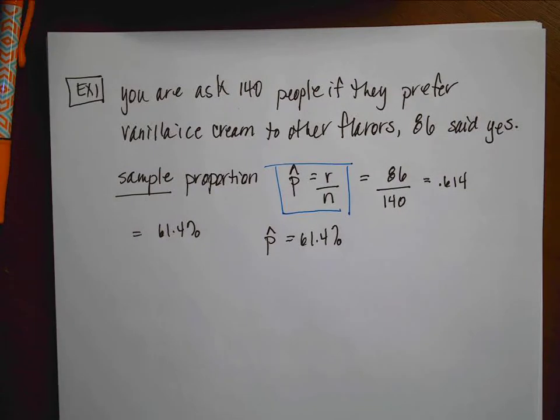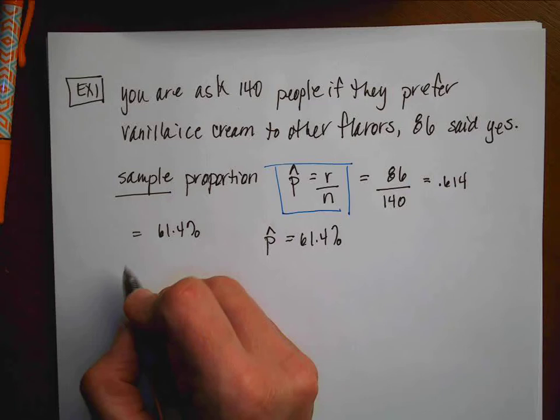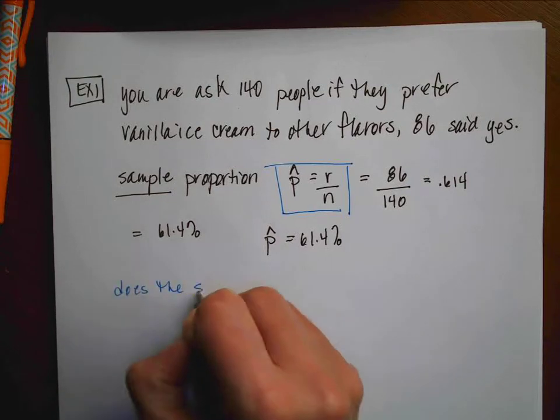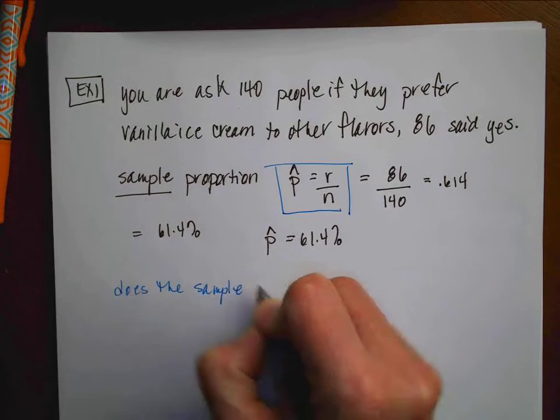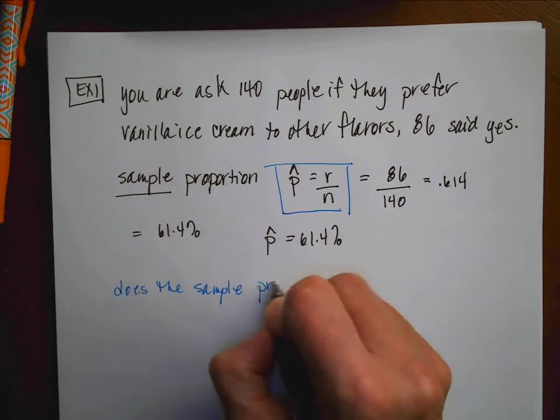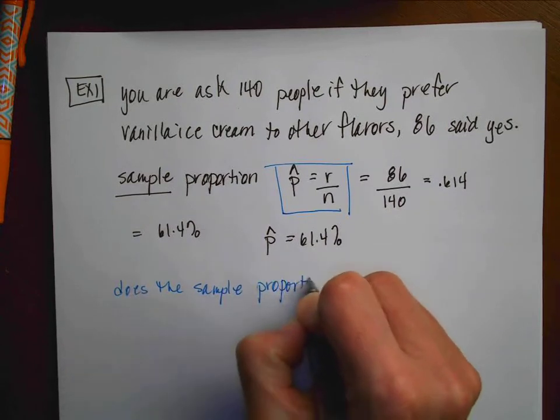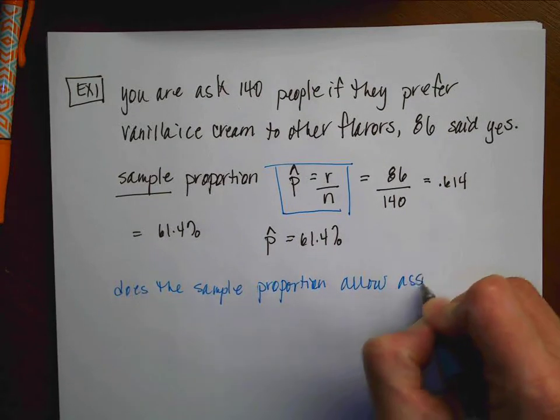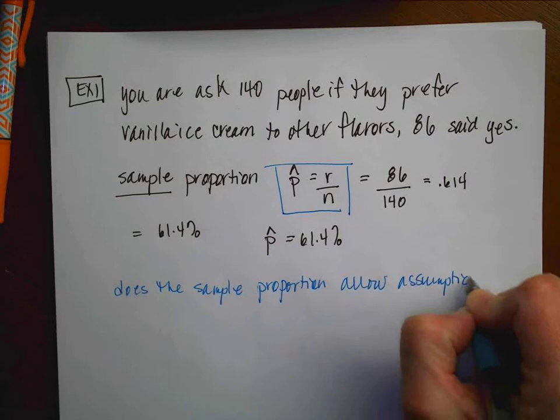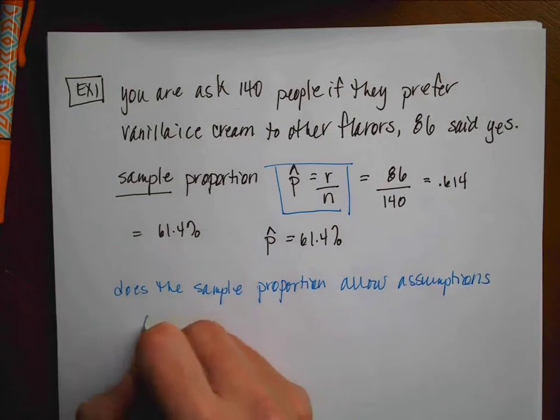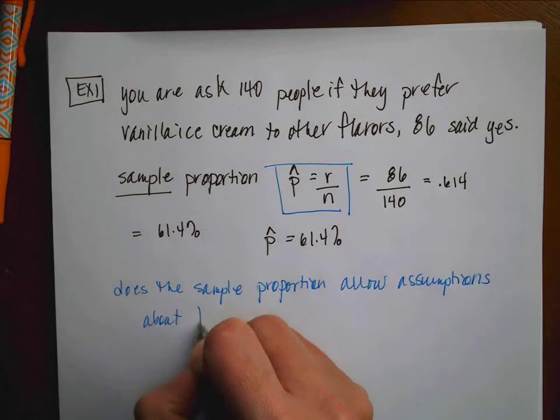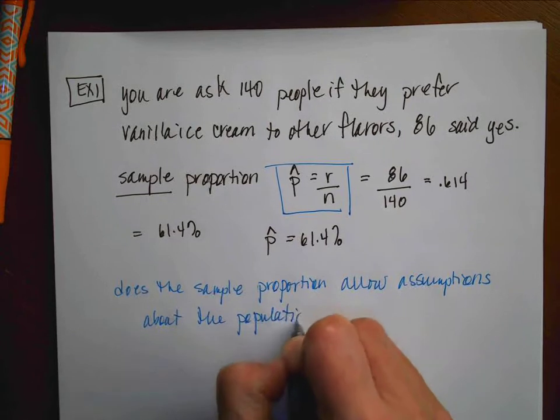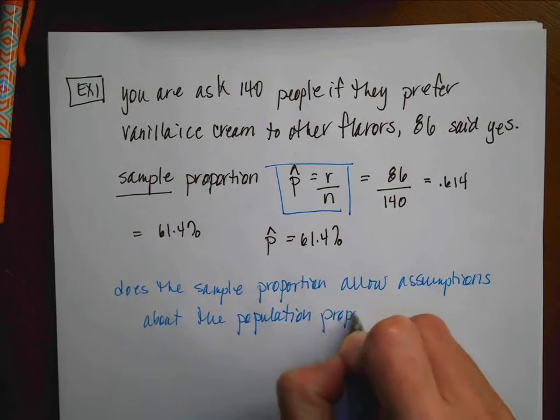All right, so we have one more thing to consider is, does the sample proportion allow assumptions, and we're not going to spend a lot of time on this, but we're just going to ask the question about the population proportion.